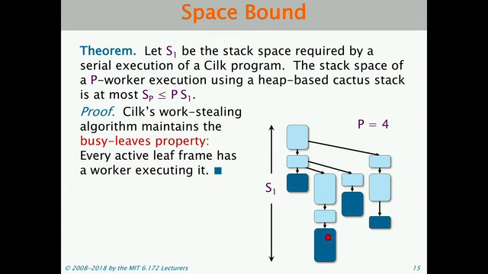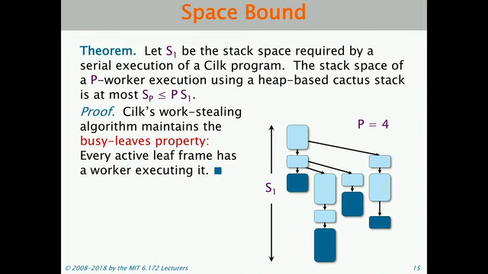So for each one of these processors, the maximum stack space it's using is going to be upper bounded by S1, because that's the maximum stack space across a serial execution that executes the whole program. And then since we have P of these leaves, we just multiply S1 by P, and that gives us an upper bound on the overall space used by a P worker execution.